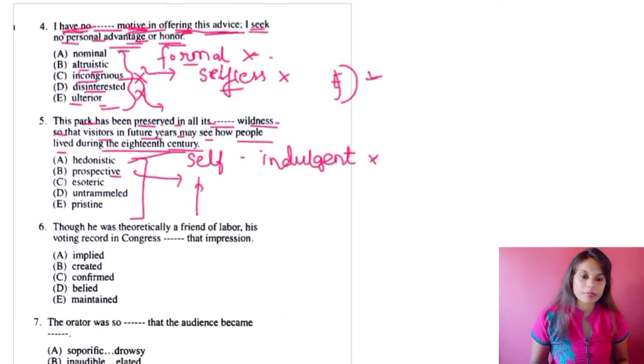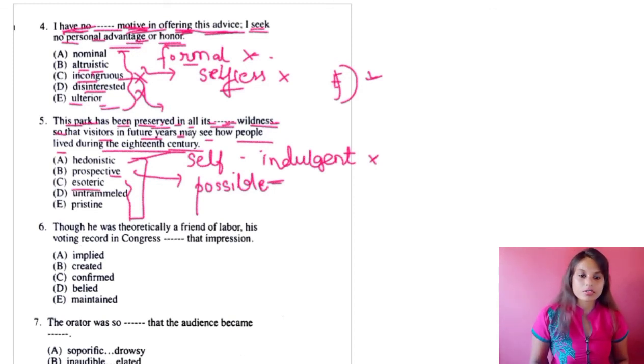Okay, possible, you can say. Okay, this will also not go. If I put this park has been preserved in all its prospective wildness. No. We can consider, but let us check the other options also. If we find better options, then obviously we are not going to consider option B.